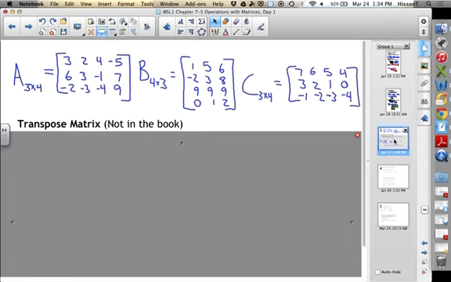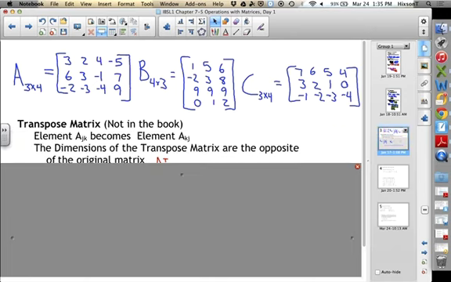But using a transpose matrix, we actually can combine A and B together. And the reason is because a transpose takes a matrix and it reverses the coordinates of every element. And therefore it also reverses the dimensions of the entire matrix.